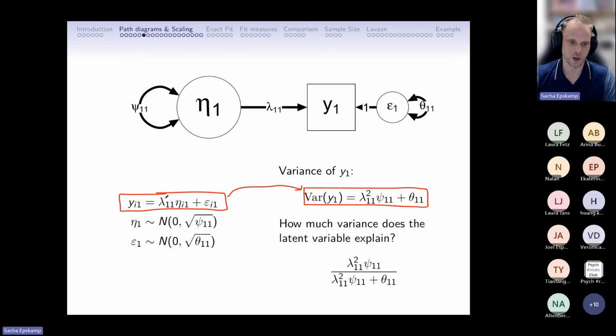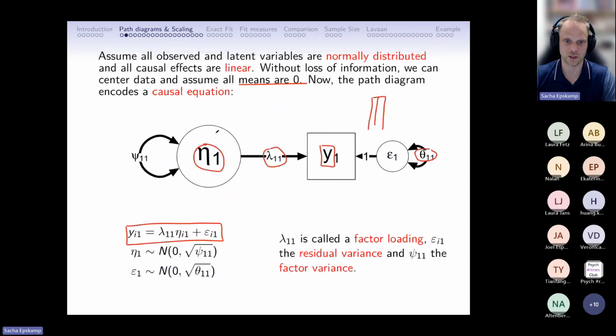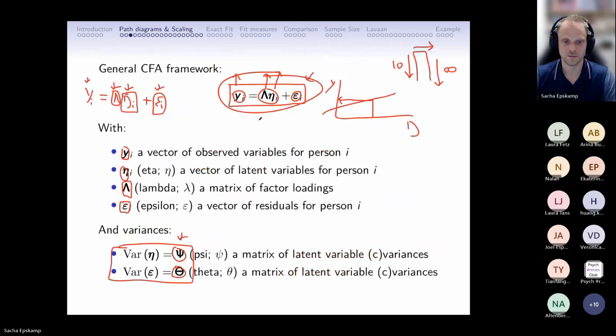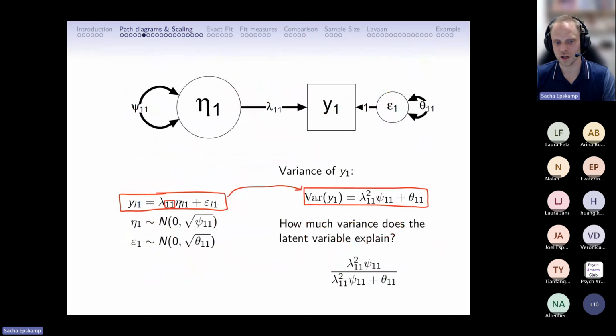It's called lambda 1,1 because it's the first row and the first column of a bigger matrix lambda, which is the matrix I use here. So lambda 1,1 times eta 1, the first element of eta, plus epsilon. If that's true, and these things are not correlated with each other, then the variance of Y should take this form: the square of this loading times this latent variance plus the residual variance. And these are the parameters here.